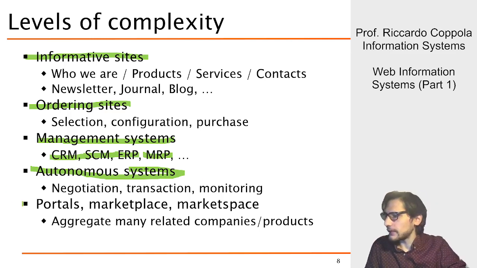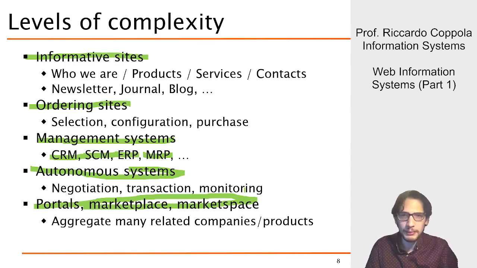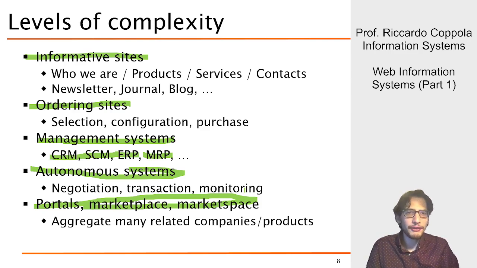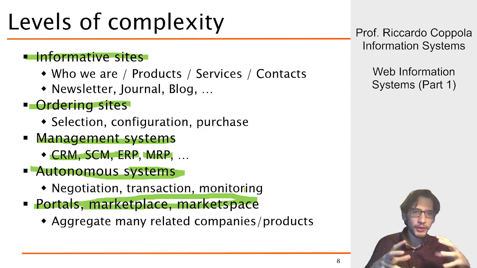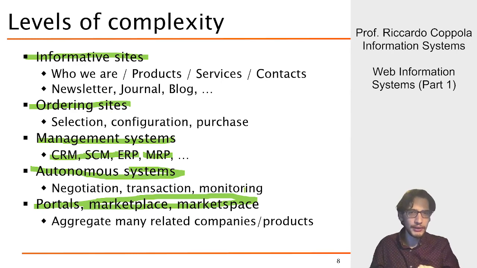Of course, we have a last level of complexity for information systems, which is the one related to portals, marketplaces, and market spaces, which are different terms that allow to identify information systems that aggregate many different systems inside and make them work together with a unique view to the final users.